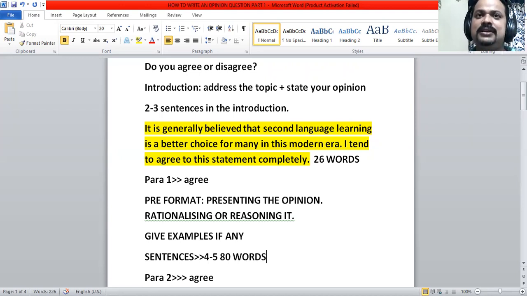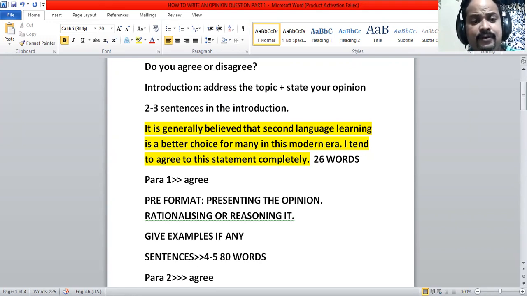Around 30 words in the introduction, 270. Around 30 words in the conclusion, yes, 300 maximum. No risk at all. So this is an average calculation. This is not an exact calculation.